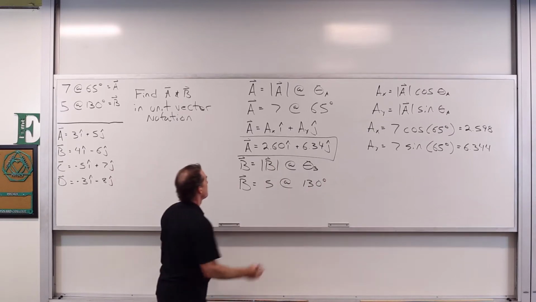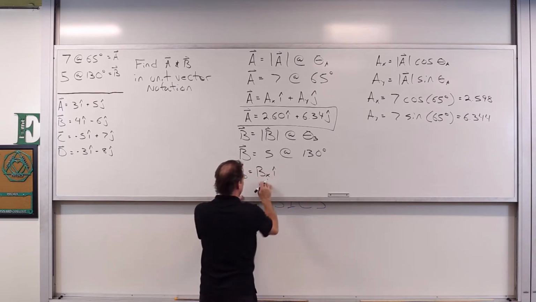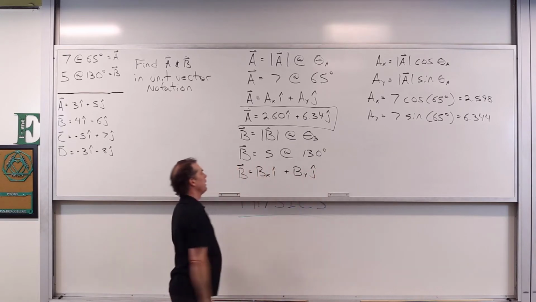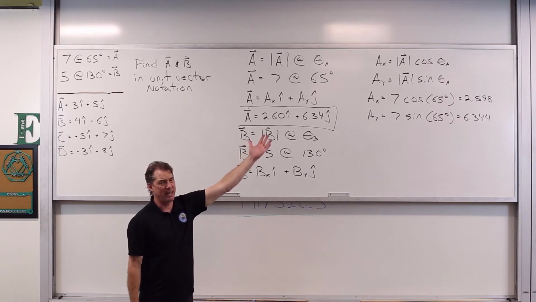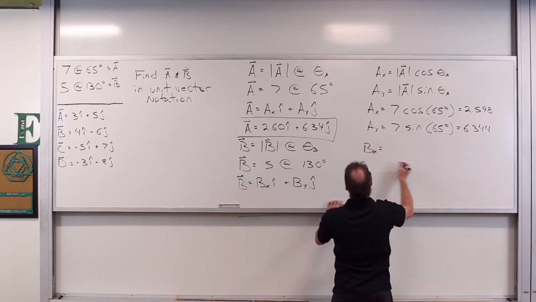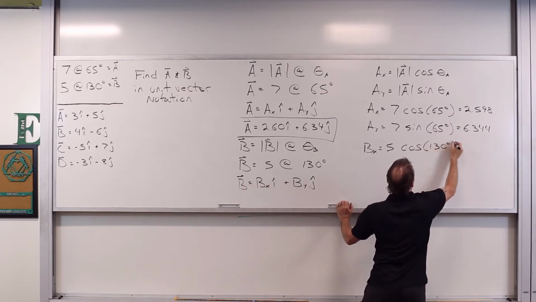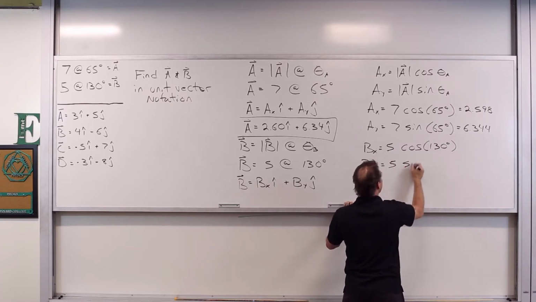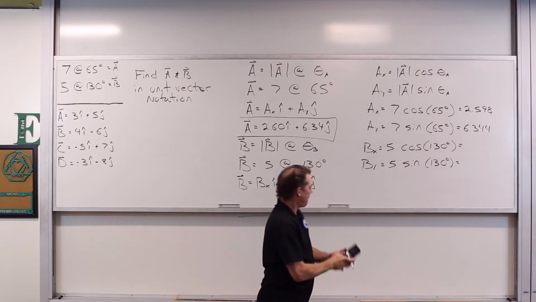Again, we want to write that B hat is equal to some B sub x i hat, its x component in the i hat direction, plus B sub y j hat, y component in the y direction. We proceed from there with the same formalization that we had for A. B sub x is equal to the magnitude of B, which is 5, times the cosine of 130 degrees, and B sub y is equal to 5 times the sine of 130 degrees.